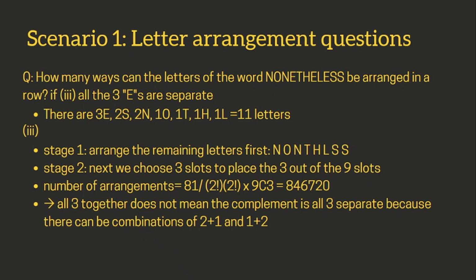Then afterwards we do a 9 choose 3. So we choose where we put the E's. The key thing to take note of is that all 3 together does not complement all 3 separate. Because there can be combinations of 2 E's together plus 1 E, and then 1 E plus 2 E's together.